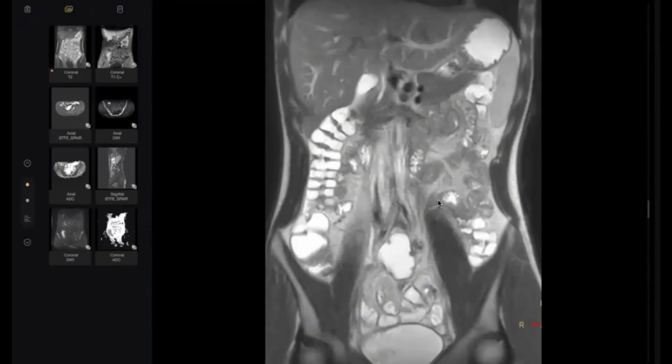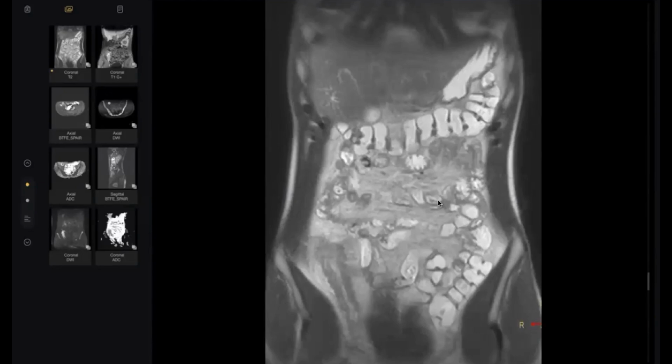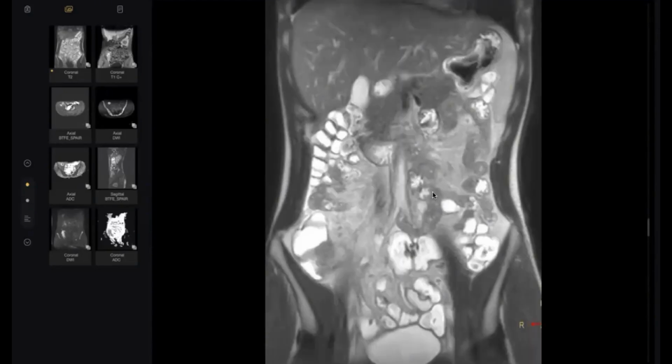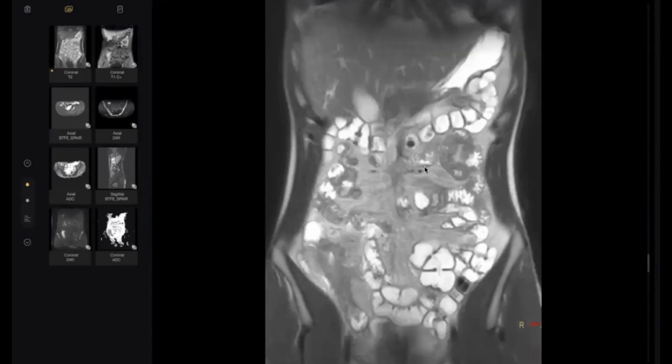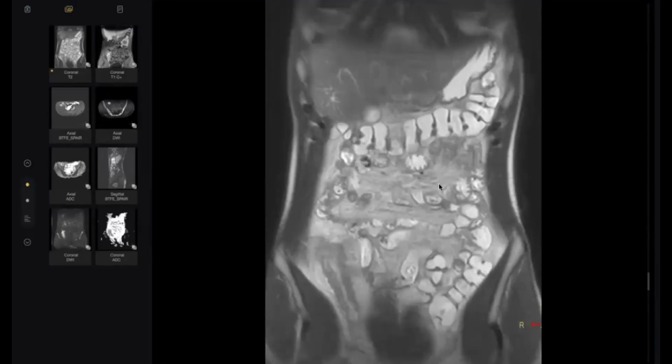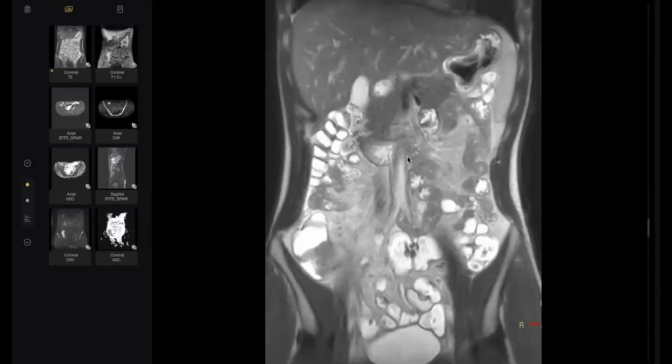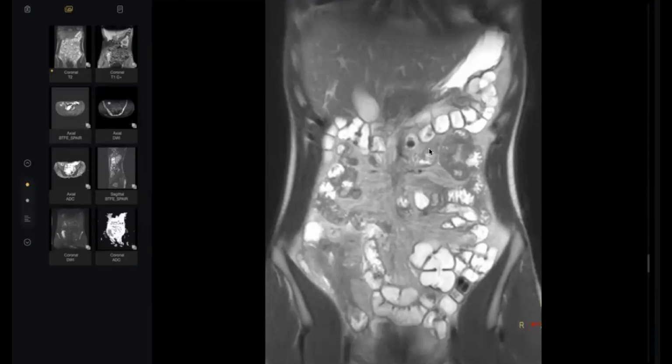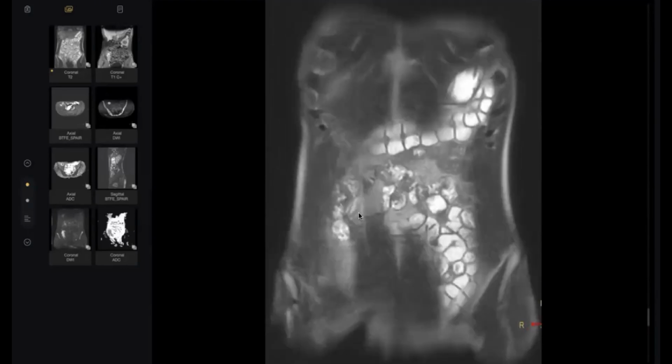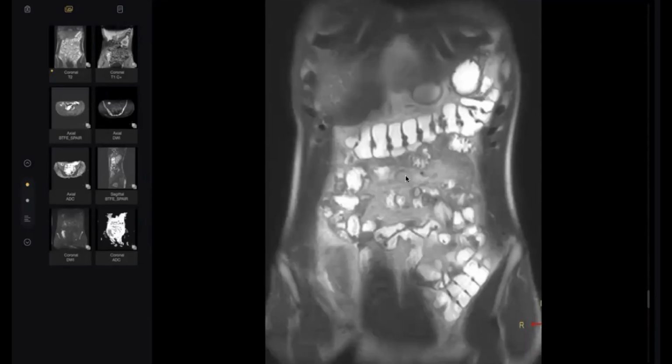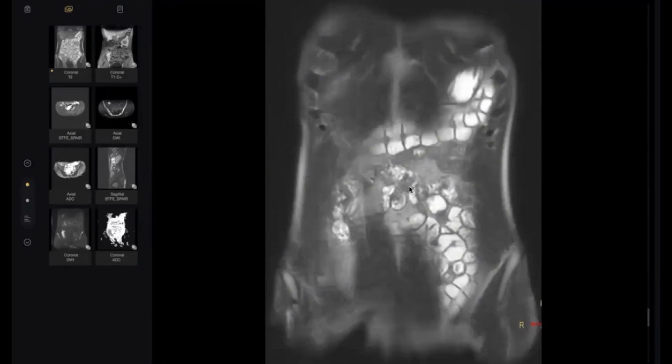Okay, these are MR enterography of a 25-year-old patient. I can see that there are multiple filling defects right over here in the lumen of the large bowel, the transverse colon, and also I think involving the lumen of the small bowel.